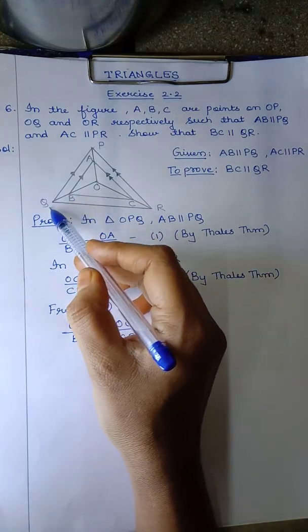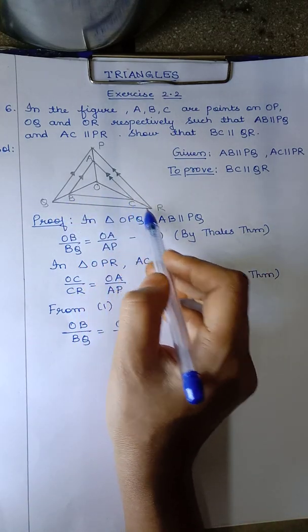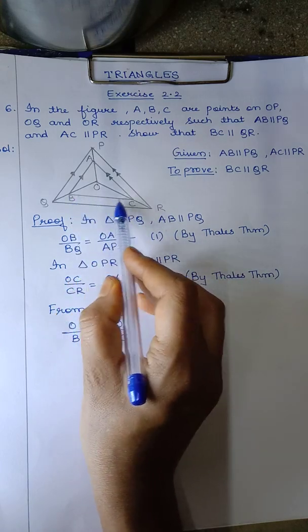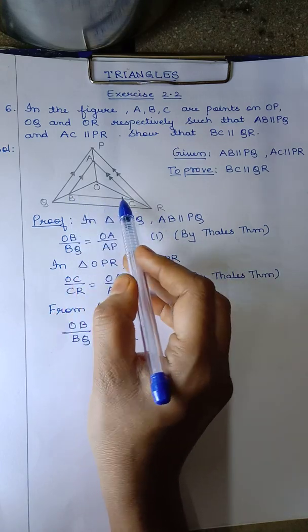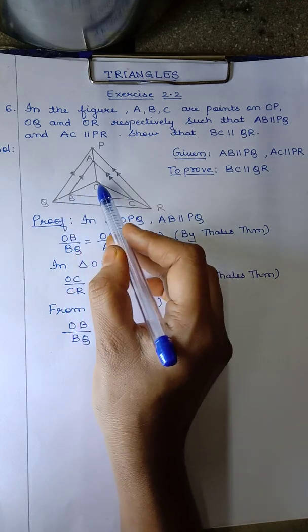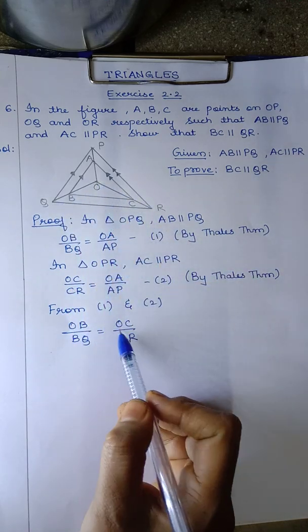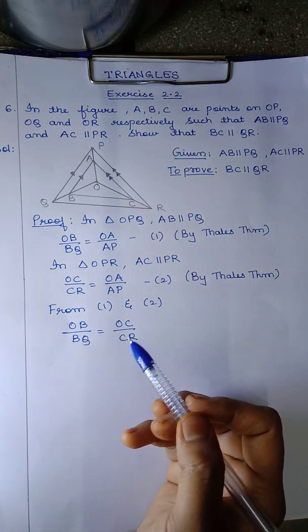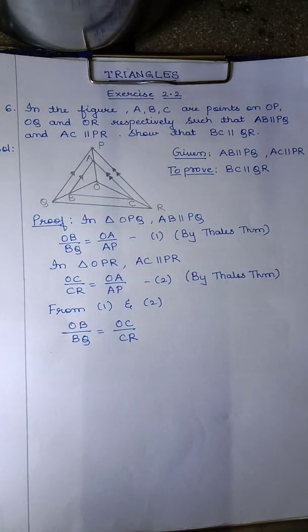Now OB by BQ and OC by CR show that the line BC divides the sides OQ and OR in the same ratio. So by converse of Thales theorem, BC will be parallel to QR.